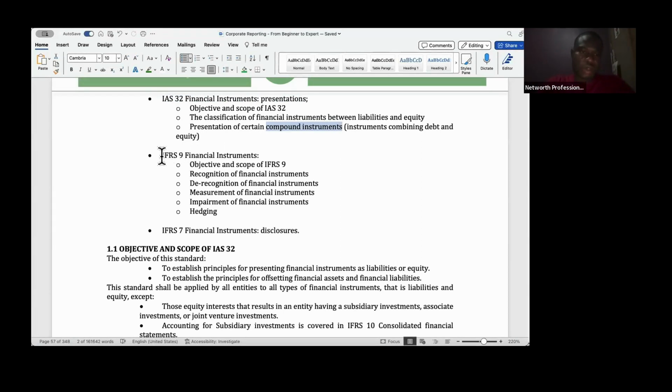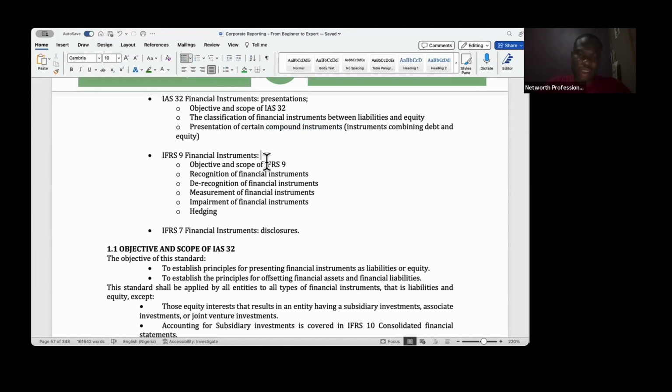Beyond that, we would also look at IFRS 9 on financial instruments. A lot of people call it financial instruments, recognition, and measurement.